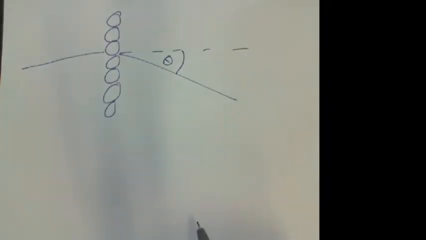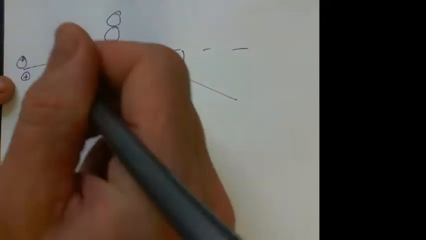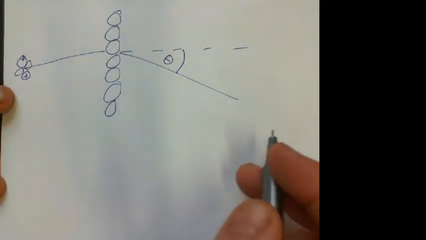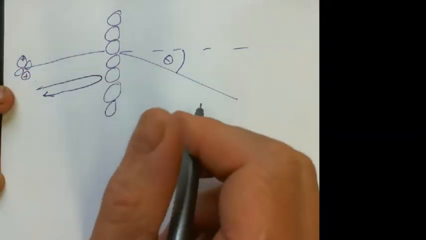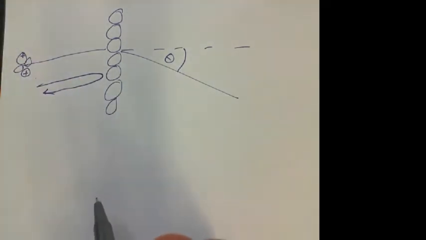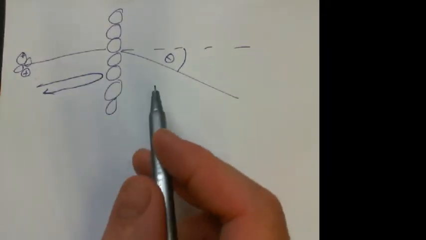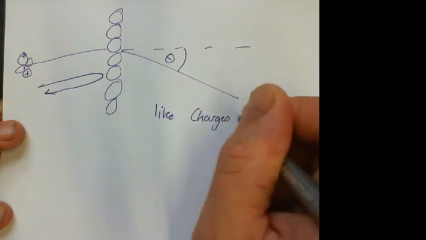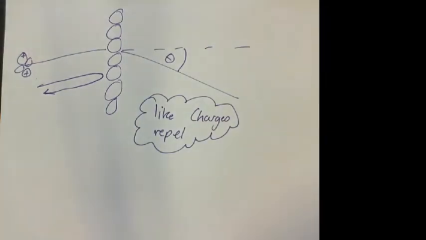What's happening here is, we know that this is a positive charge going in, and it's being deflected, and some of them, not many, were repelled by it full on. Now, you already know from electricity that like charges will repel. You already know that from electricity.